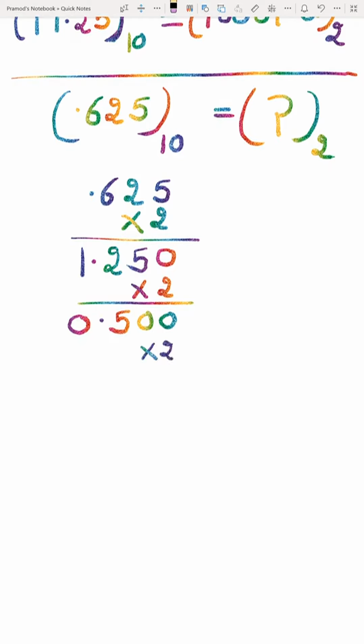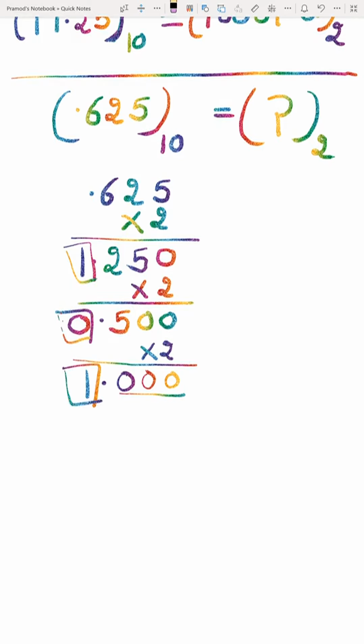Don't multiply the 1, just multiply the value after the decimal point. 2 0s are 0, 2 0s are 0, 2 5s are 10. So these are all 0. Your calculation is completed. This is your number 1, this is your number 2, and this is your number 3 here.